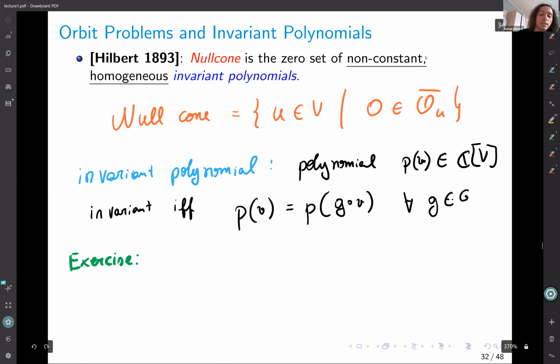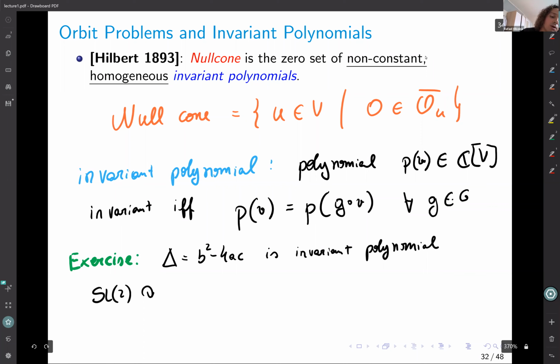So for instance, the discriminant delta, which is b squared minus 4ac, is an invariant polynomial for the action of SL2, which acts on the vector space V of binary forms of degree 2, that is, homogeneous forms of degree 2, right?